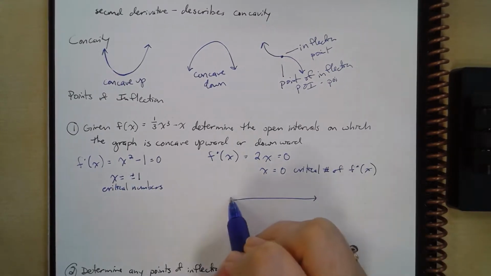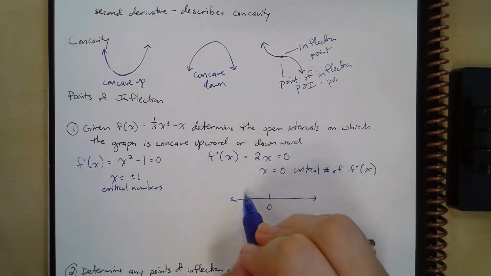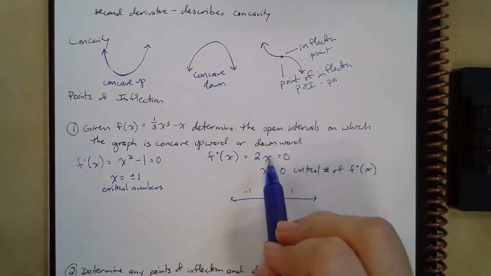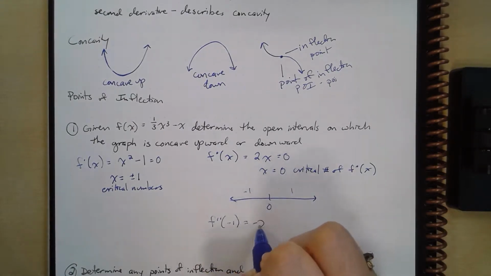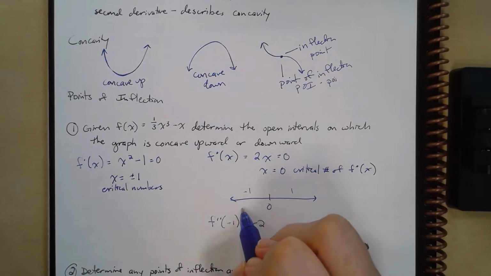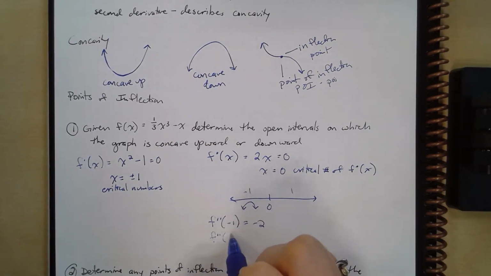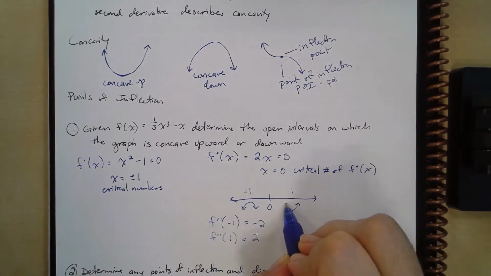So I draw a number line, and I've got 0, and I'm going to test -1, and we can test +1. Well, f double prime of -1 is equal to -2, so that's going to be concave down. And f double prime of 1 is equal to 2, which is positive, so that's going to be concave up.